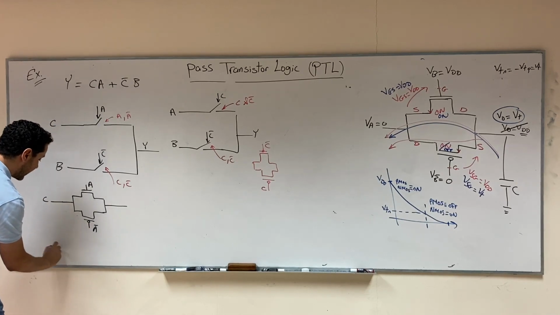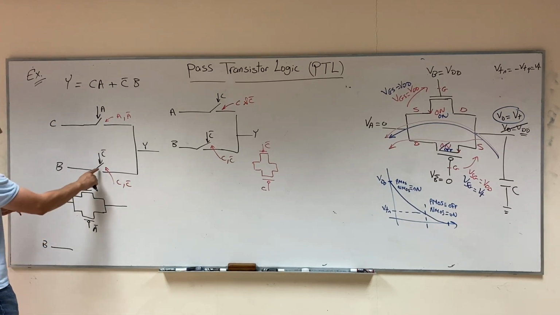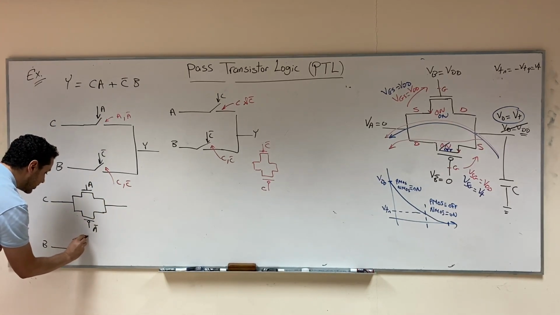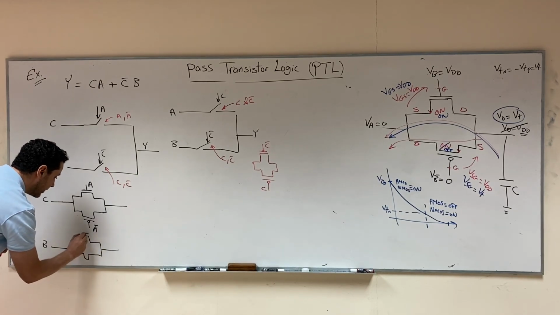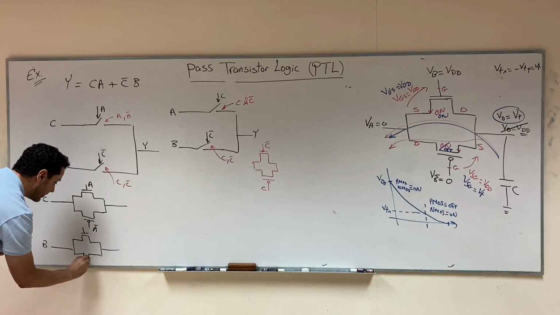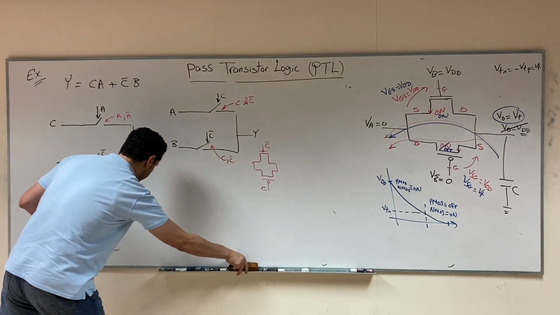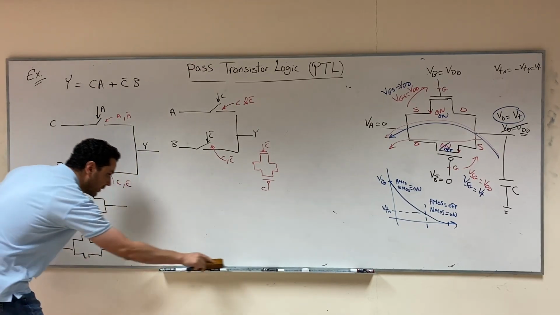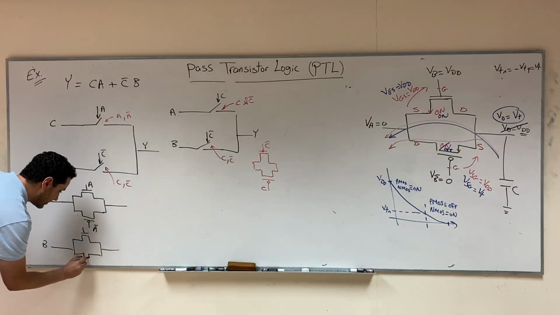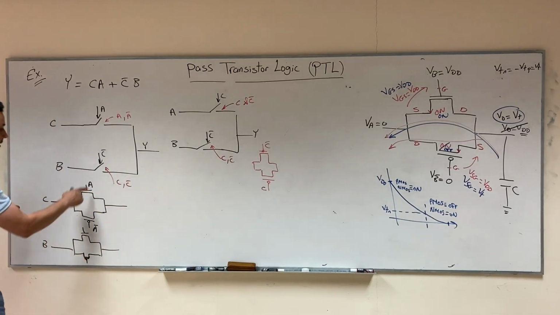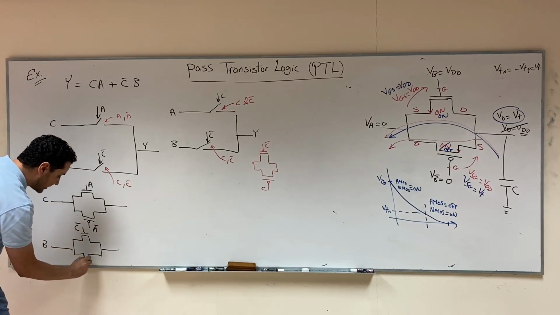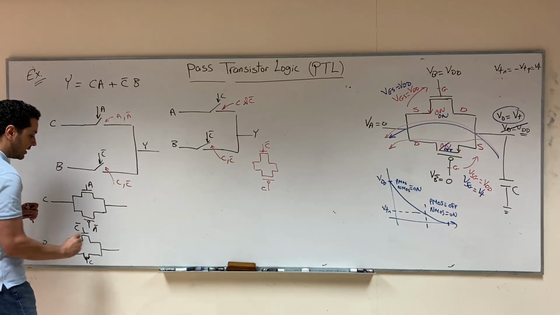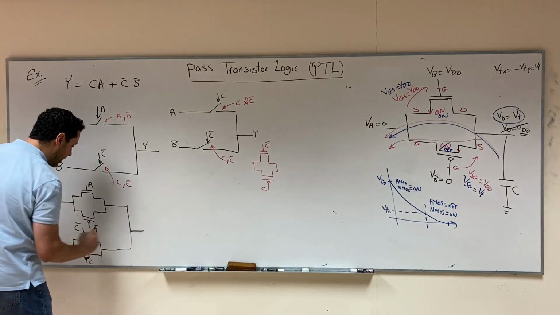And then the second branch, B, there is a switch, so we are going to use a transmission gate, n-mos and p-mos. Hopefully you can see it. And we need this switch to be controlled by C bar, so C bar goes to the n-mos and C goes to the p-mos, and then we connect these two here.